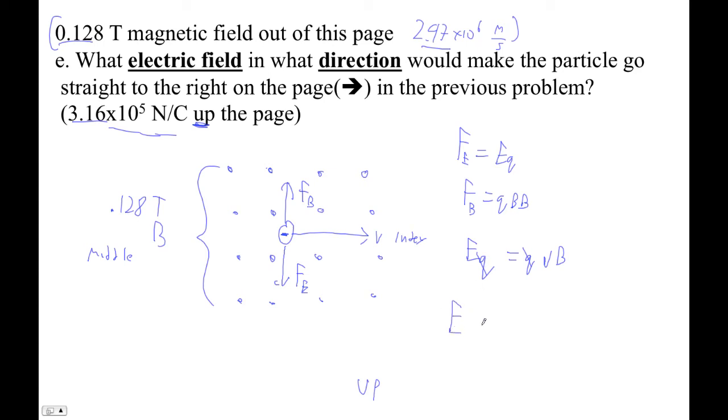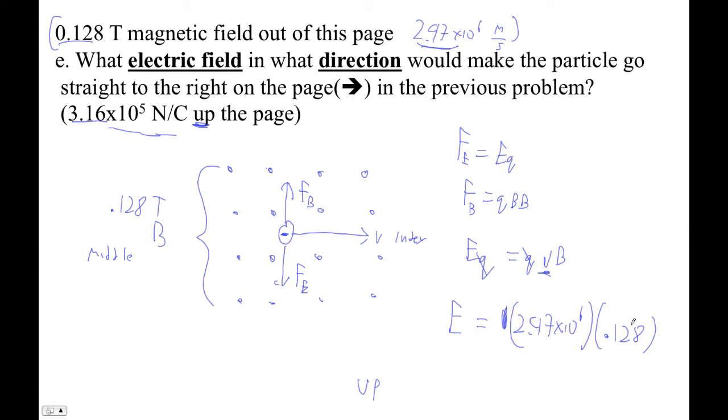So E is 2.47, that's our velocity, times 10 to the 6 meters per second. So it's V times B, which is 0.128. So 2.47 e to the 6 times 0.128.